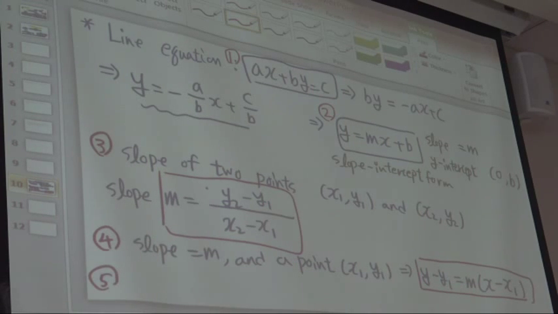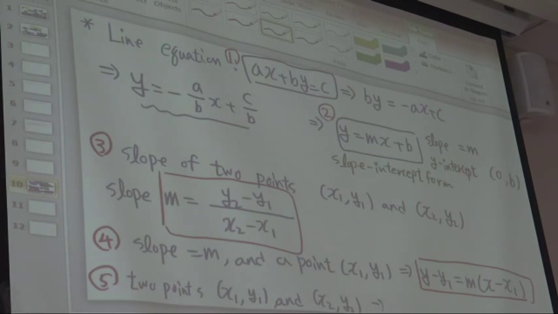Now when you combine the 3 and the 4, which is when you have 2 points and you want to find the line equation, then we know the slope, which is given like this, and since we know the slope, we can plug in m here, then we can get the line equation. So 2 points are given, x1, y1 and x2, y2.